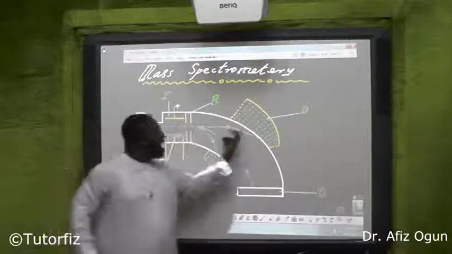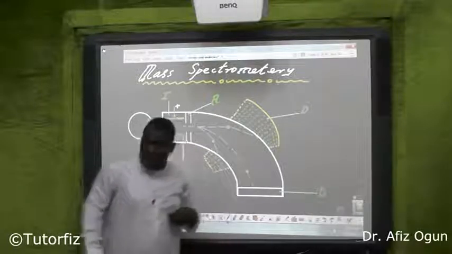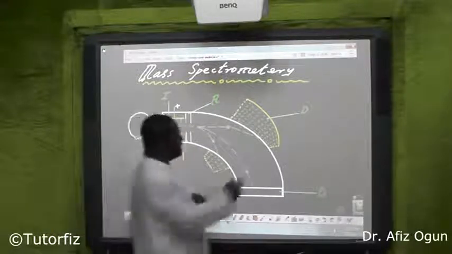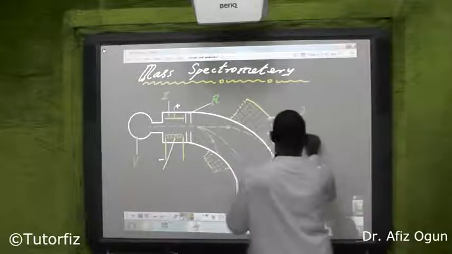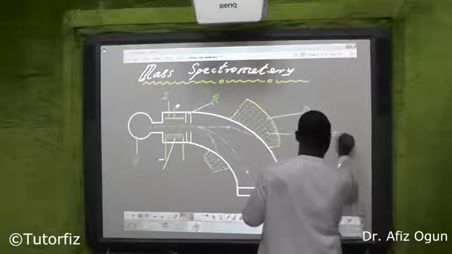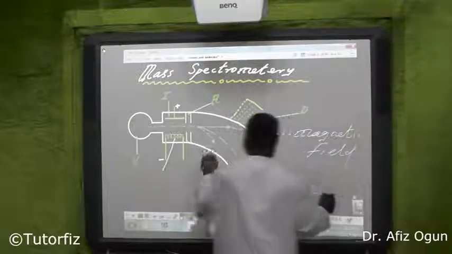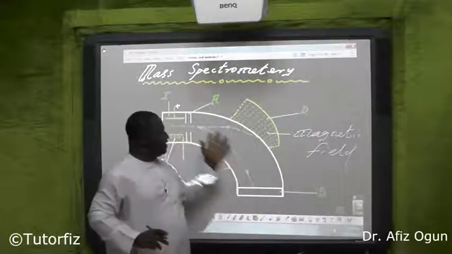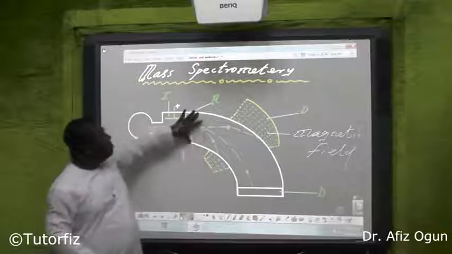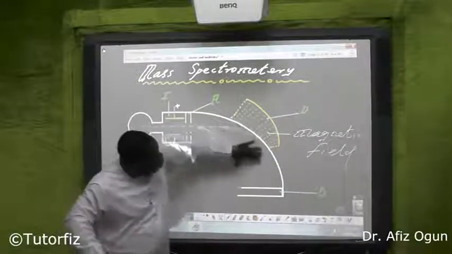As it flies, it enters a magnetic field. This is a magnetic field in this area. That's why we made this curve here.